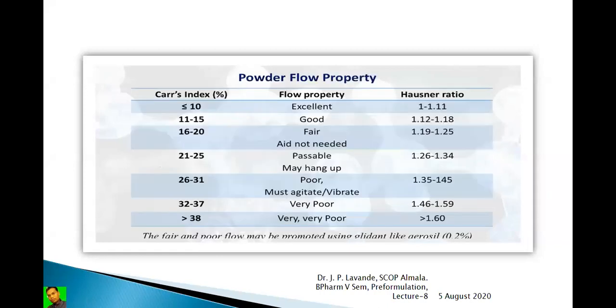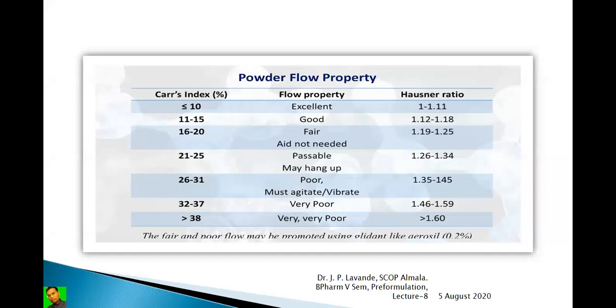So here you can see the relationship between the Hausner's ratio, Carr's index, and the flow property, and how it is to be expressed. So fair and poor flow may be promoted using glidants.